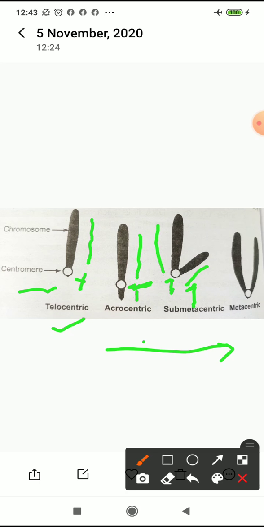This and this arm become unequal. This is the submetacentric chromosome.